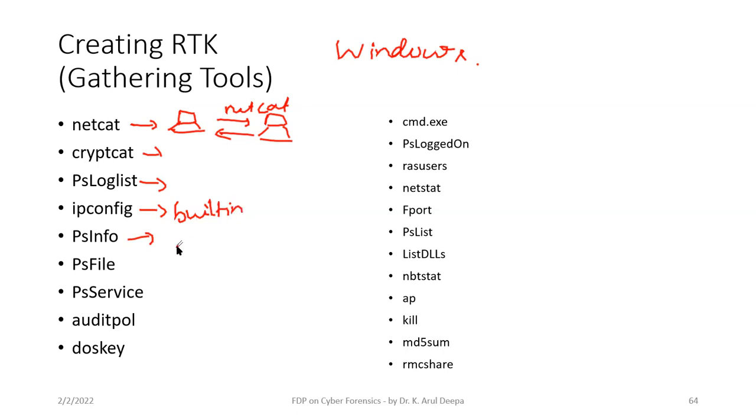Likewise, you have PsInfo. It collects information about the local system. And PsFile collects information about files that are opened remotely. Then PsService shows information about current processes and services.